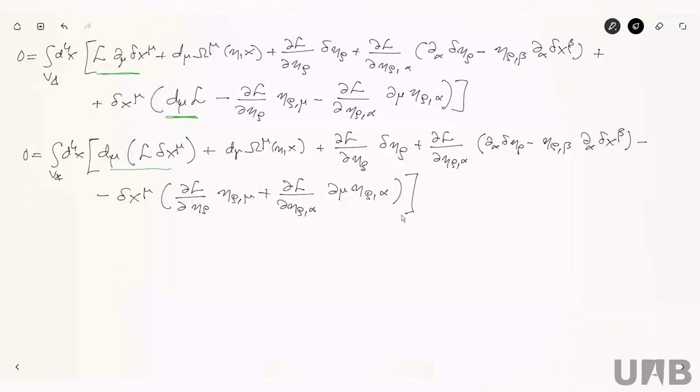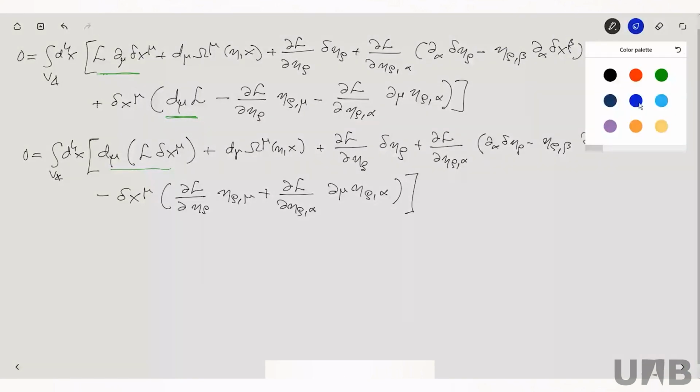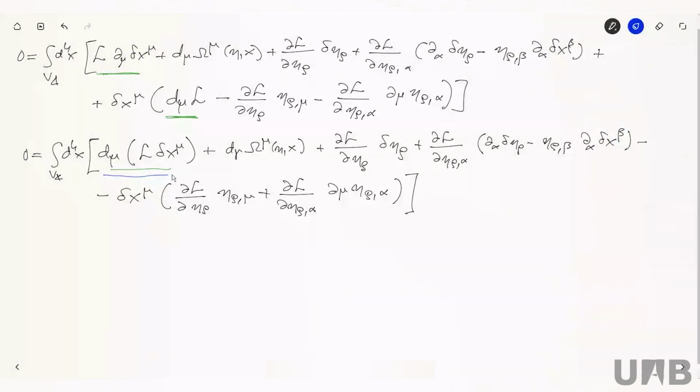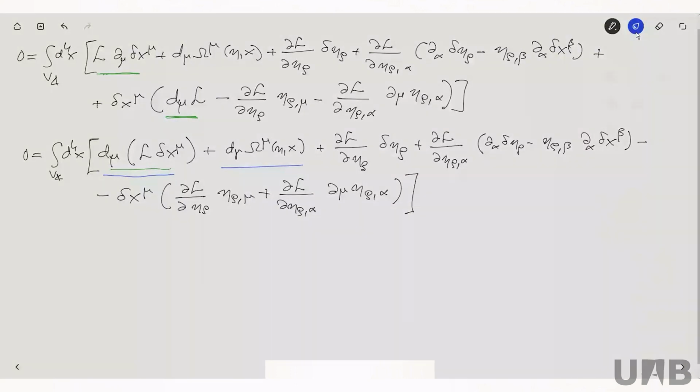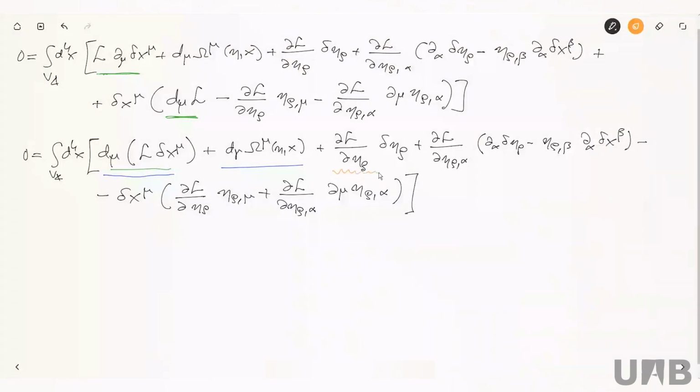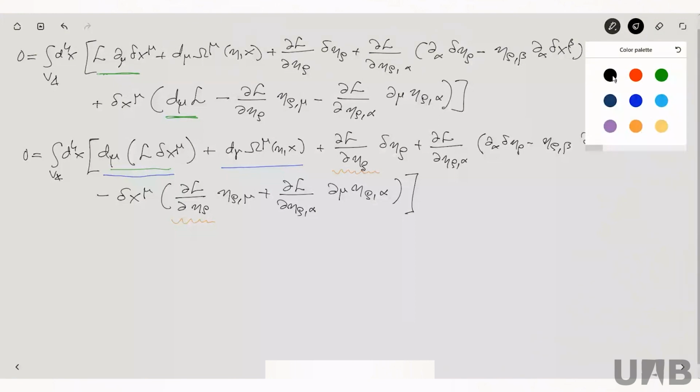So now we're going to take this term and this term, and we're going to put it together. It's obvious, right? It's the same. It's going to be the total derivative of this plus that. So that's one thing, okay? Then this term here, I need another color. So this term here, okay? And this term here, we are going to change by using the equations of motion, okay?